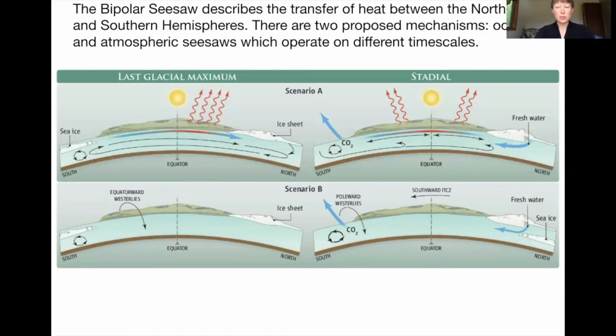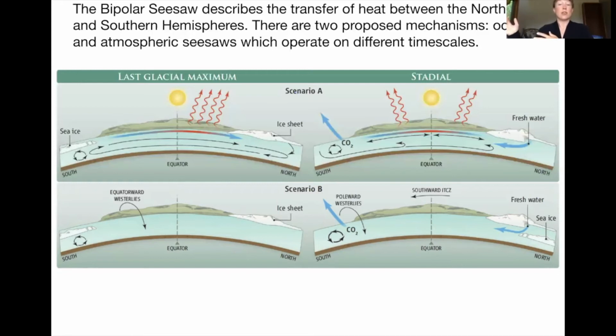Then we get into those really cold conditions in the lower right panel. Really cold in the northern hemisphere, excess ice builds up, causes melting and fresh water in the northern hemisphere. That leads to a buildup of sea ice because you have this cold, fresh water. Cold, fresh water is going to freeze.